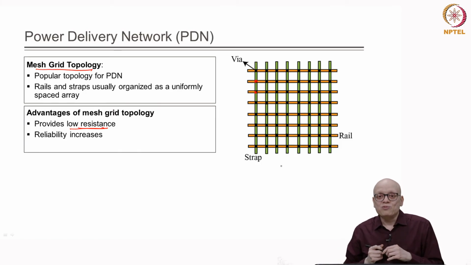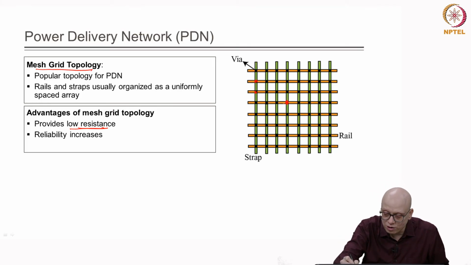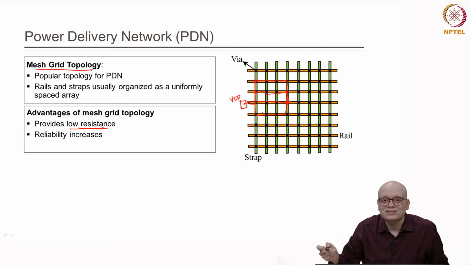reliability. And why does it offer high reliability? Again, the reason is similar, right. For example, suppose this one was the VDD power pad. From this point to this point, there are many paths. For example, this path, this path, this path, and so many paths, right.